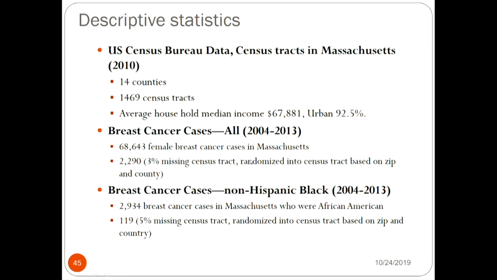So how do we handle this? Especially later on, we're going to do analysis for non-Hispanic Black women, because the count is already quite small, so we don't want to reduce our sample size due to missing census tracts. So what we did is randomly assign the census tract based on the zip code and the county code. This may not be accurate, but we try to keep the sample size as large as possible here.